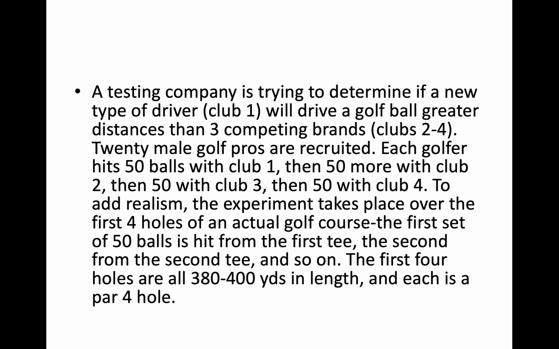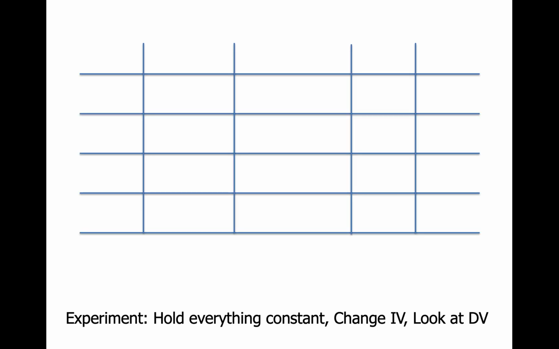Well, hopefully you understand what the experimenters are trying to do. Let's remember what an experiment is. Hold everything constant, change the independent variable, and look at the dependent variable. So in this case, our independent variable is the club. We have 4 levels: club 1, 2, 3, and 4.